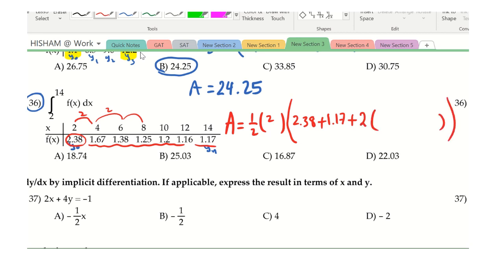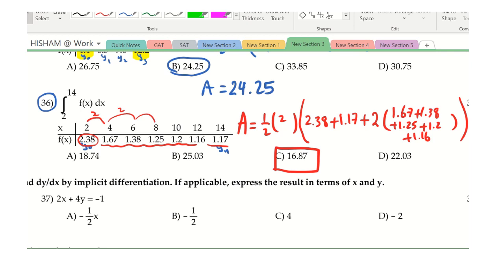So instead of writing every time multiply by 2, you can add them all. So 1.67 plus 1.38 plus 1.25 plus 1.2 plus 1.60. And by using calculator, I will figure out that it's 16.87.